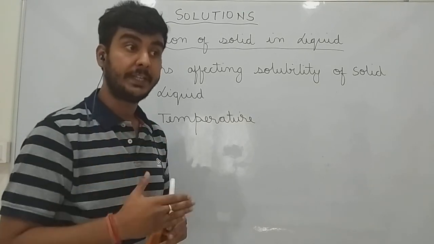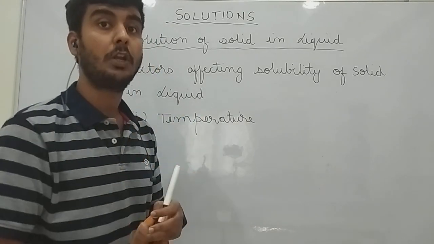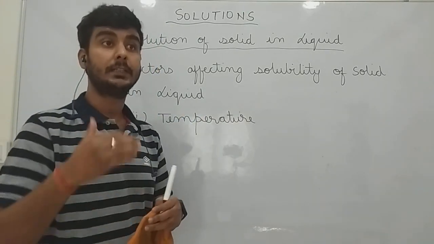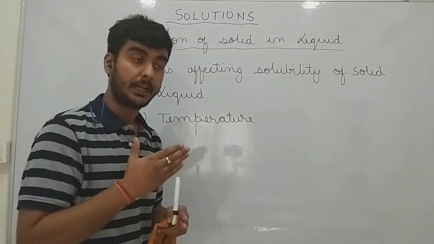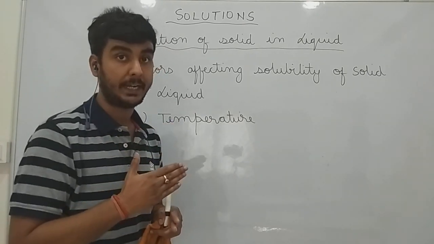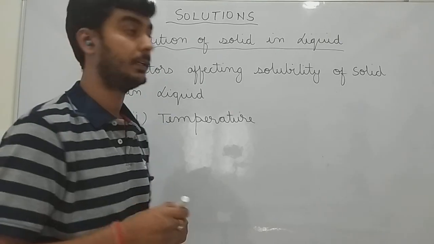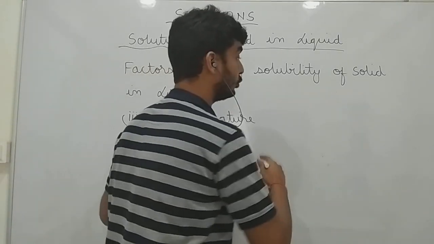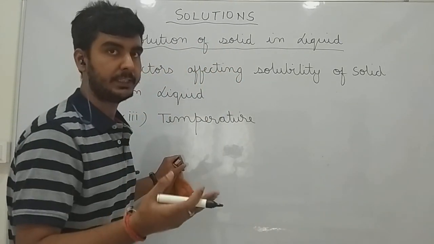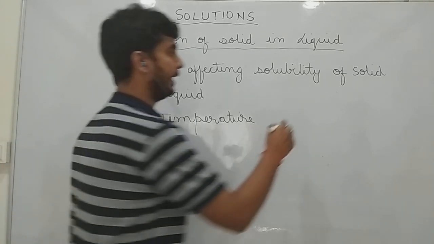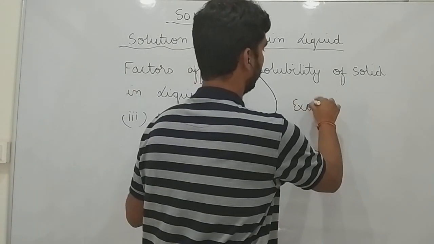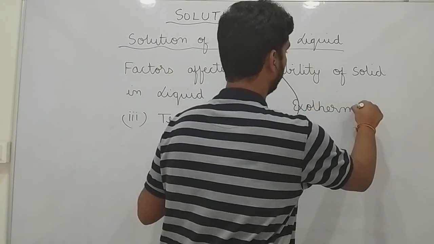When you dissolve a solid in a liquid, that change can be either exothermic or endothermic. Means that dissolution of solid in a liquid can be either exothermic or endothermic.